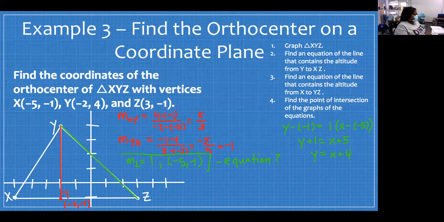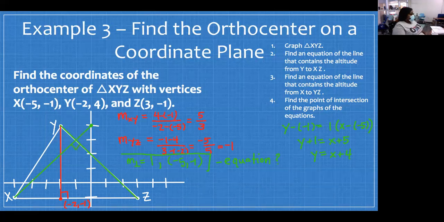Do we agree? x plus 4 has a y-intercept at 4, and it has to go through this point here. So my line is going to be here. Boom. So that's my line for the altitude.